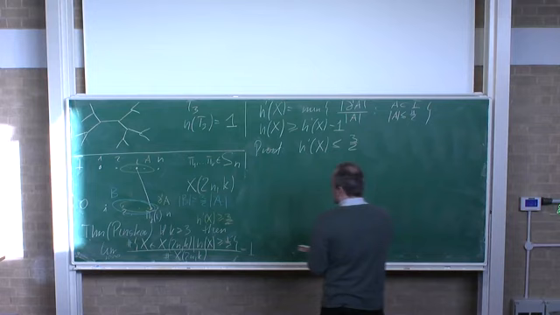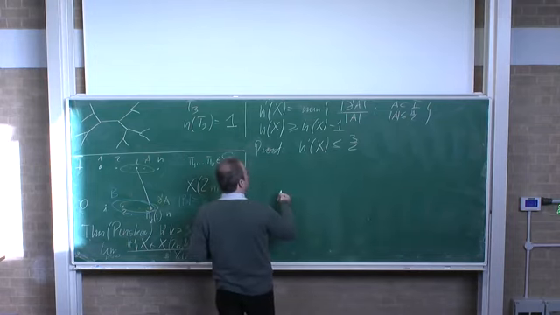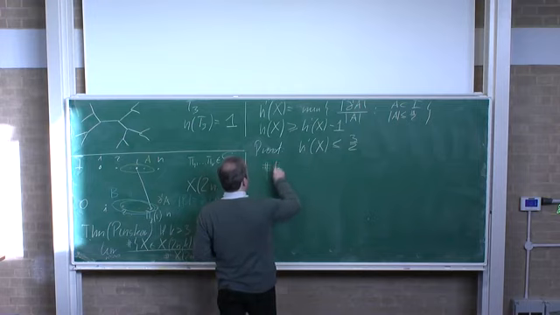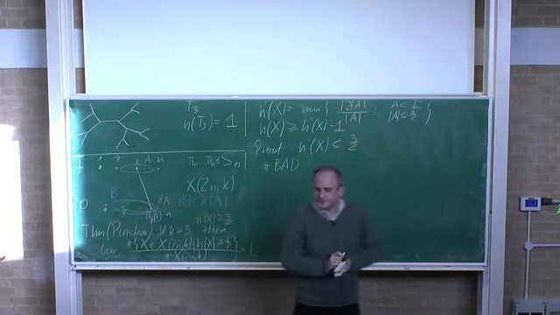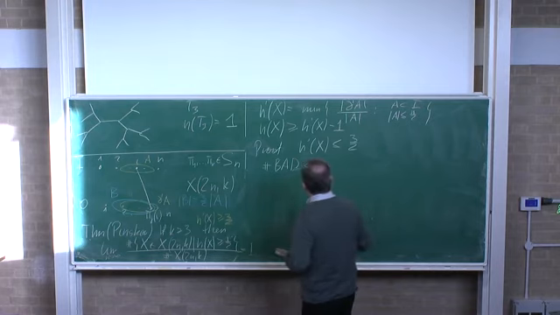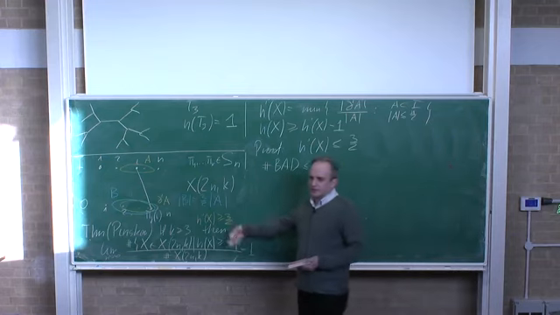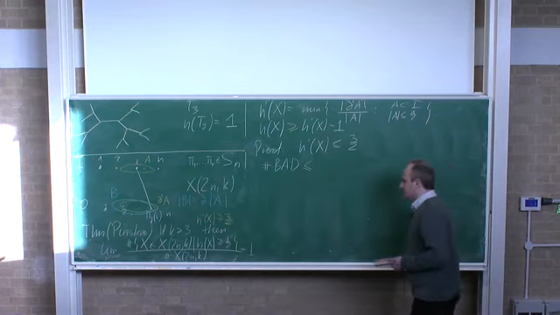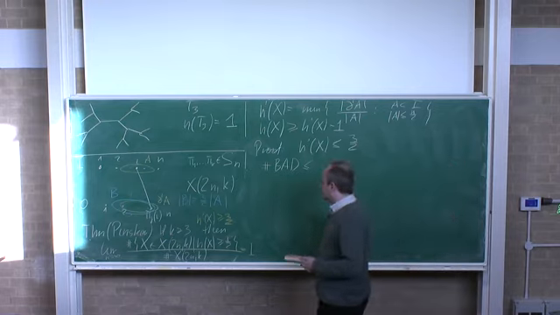So what is the number of such choices? Let's call such choices bad choices. We will estimate, first of all, for one permutation.